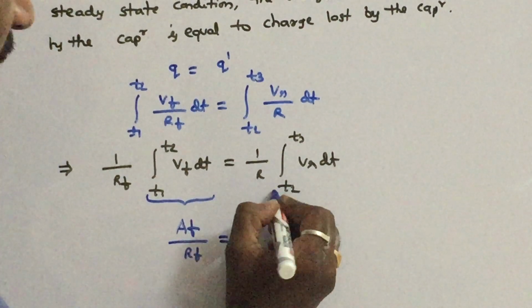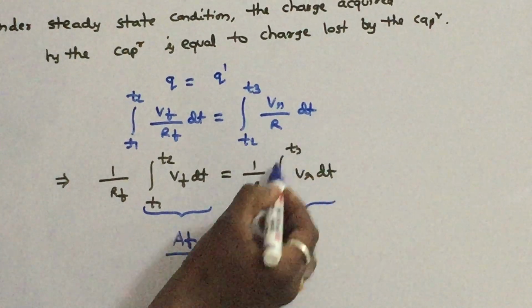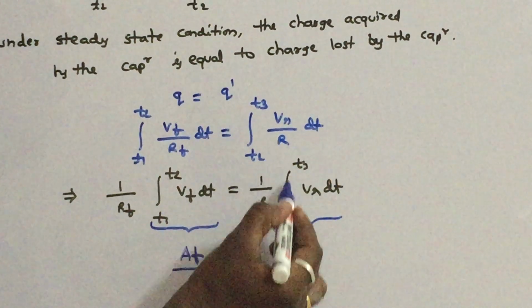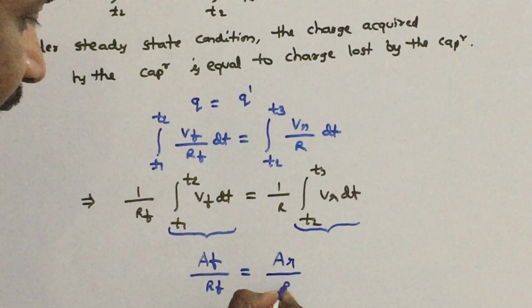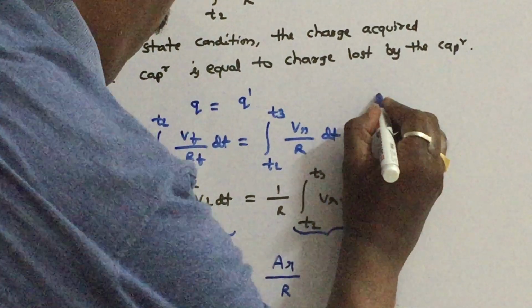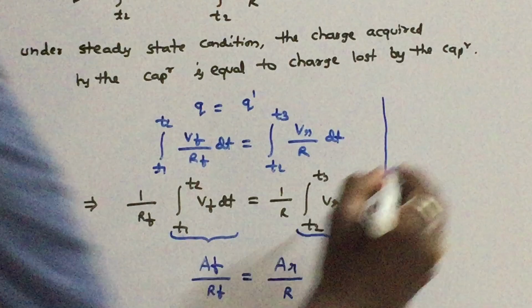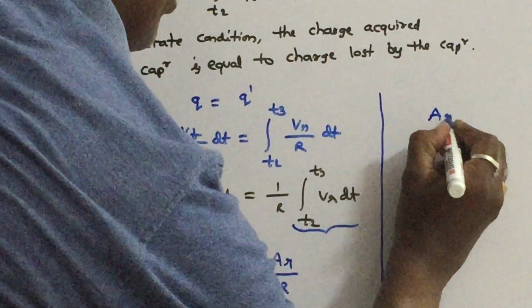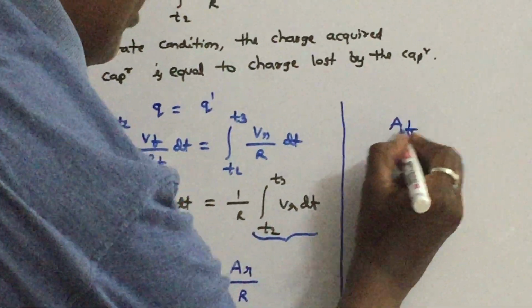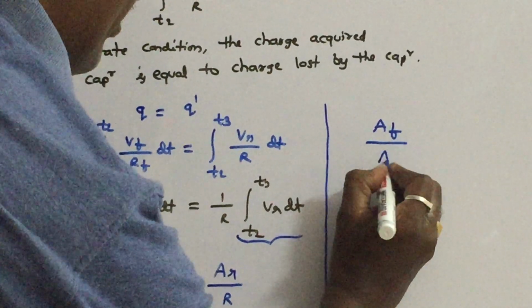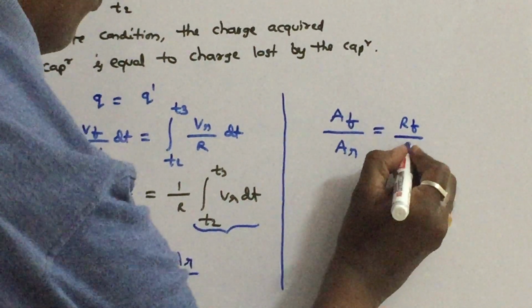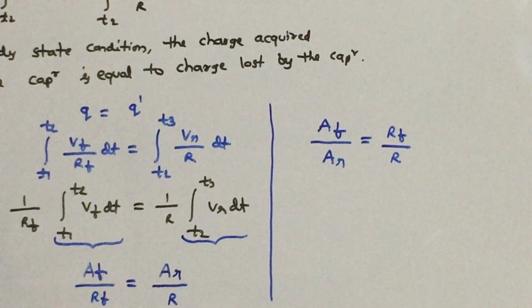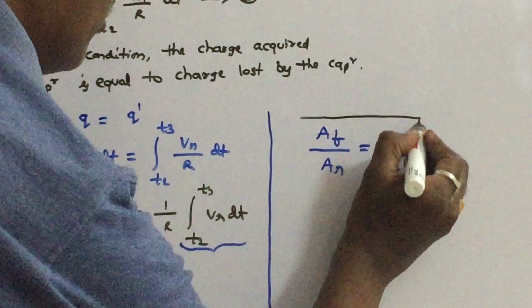And this gives the area under the output curve in the reverse direction, which is called AR, divided by R. From this we can clearly state that AF by AR, the area in the forward direction to the area in the reverse direction, is simply RF by R. This is what you have to prove, the very, very important theorem in the examination.